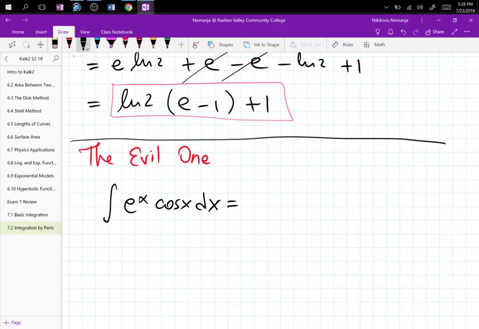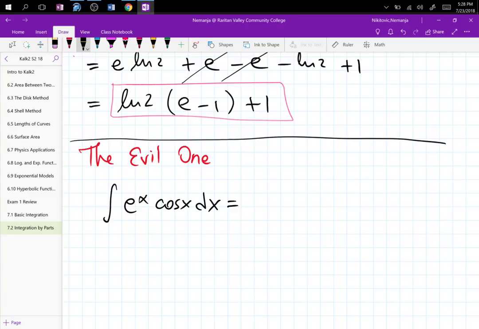Now, in the past, other than for ln, we always used the polynomial part to be our u, because eventually, through differentiation, it will go away and make the problem easier. When we had ln floating around, we put the ln for the derivative and left the x on the other part, and we were again able to solve the problem.